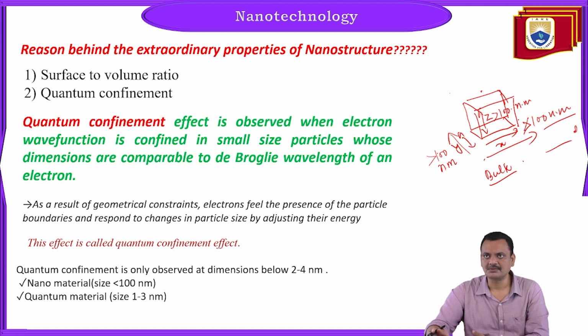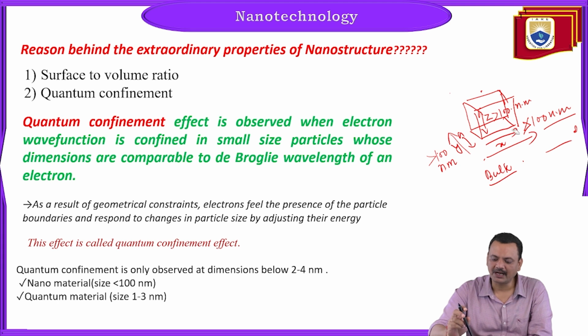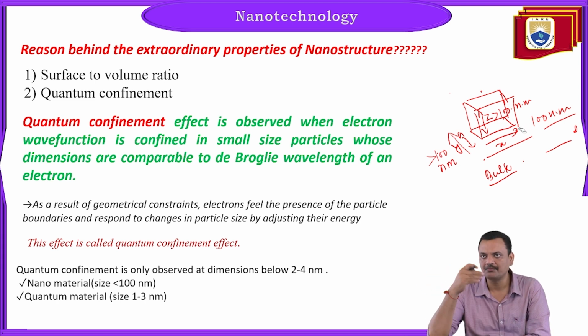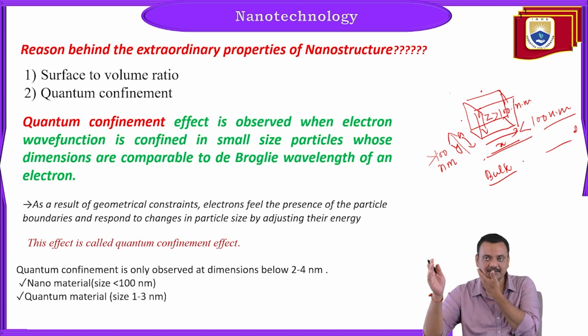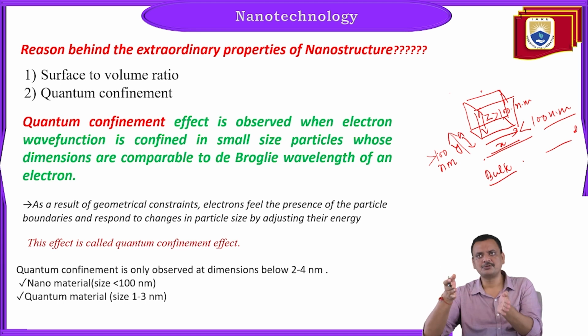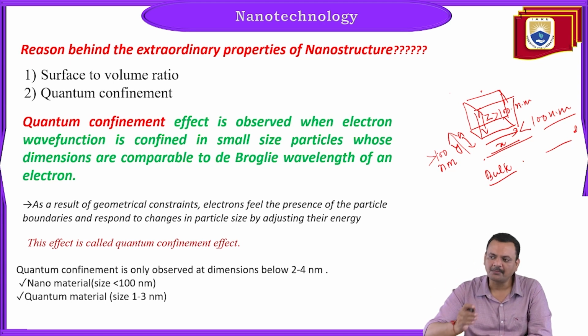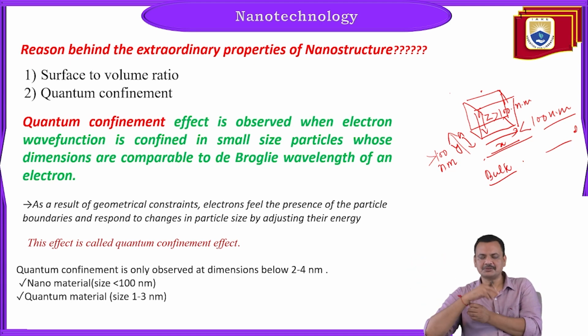Let's suppose I am imposing the restriction along the x direction, so that my crystal cannot grow beyond 100 nanometers. So this x dimension will be less than 100 nanometers. In the x direction you impose some restriction, which means you confine the crystal. Your crystal cannot grow up to a certain limit. So this is quantum confinement.